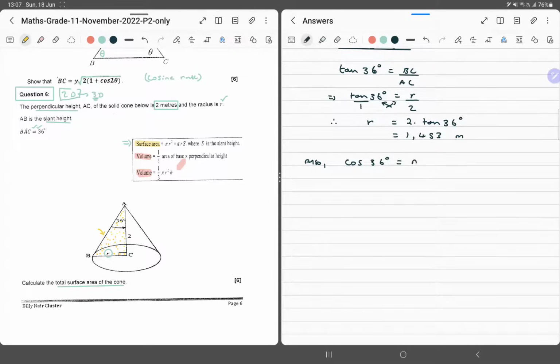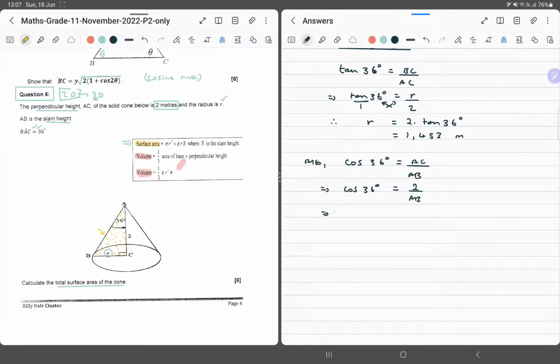It's going to be the adjacent AC over the hypotenuse, which is AB, which implies that cos 36 degrees is equal to AC, given to us as 2, over the hypotenuse AB, which is what we want.